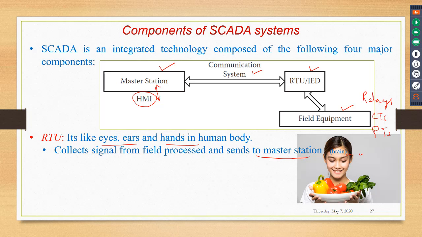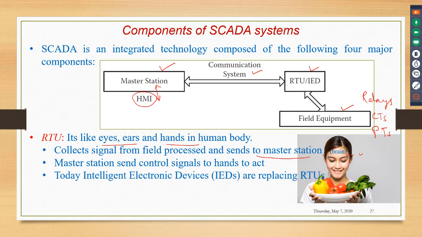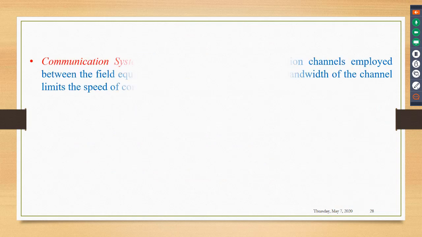Here the brain is nothing but the master station. The brain then gives the signal to the hand, and the hand actuates the control action. So the master station sends the control signal to the hand to act. Today the intelligent electronic devices are replacing the RTUs. More intelligent devices are coming into the picture, and they are replacing the RTUs.